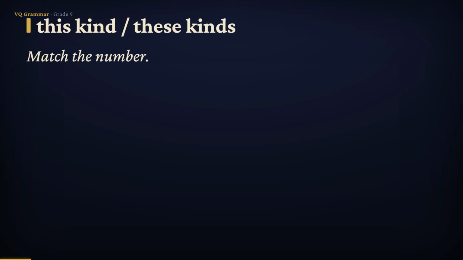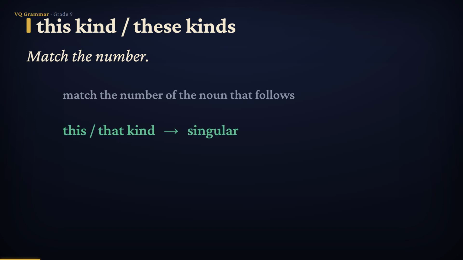Let's dig in. Let's start with a small phrase that trips up a lot of writers. This kind and these kinds. The rule is simple. You match the number of the noun that follows. This kind, or that kind, is singular, so it goes with a singular word. These kinds, or those kinds, is plural, and it goes with a plural word.